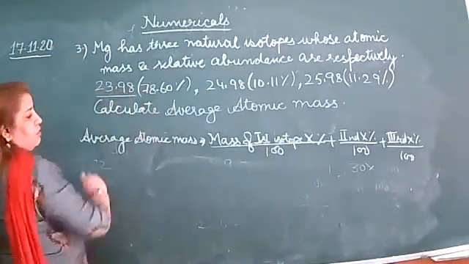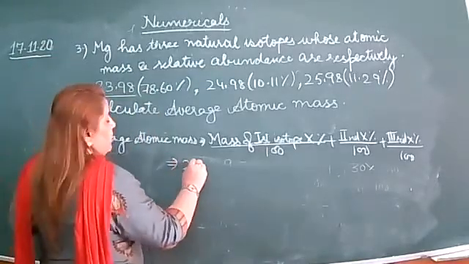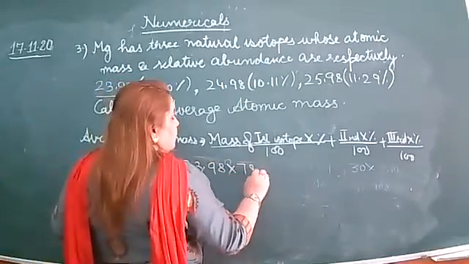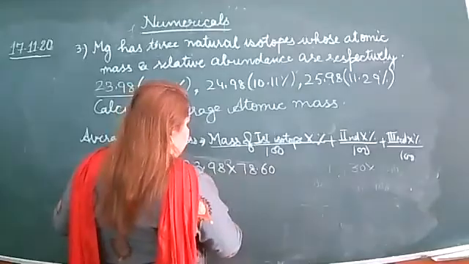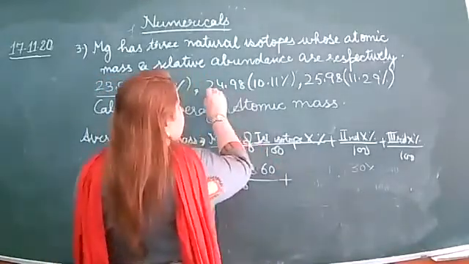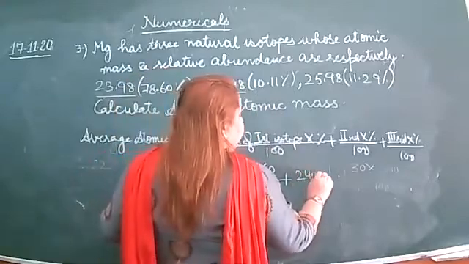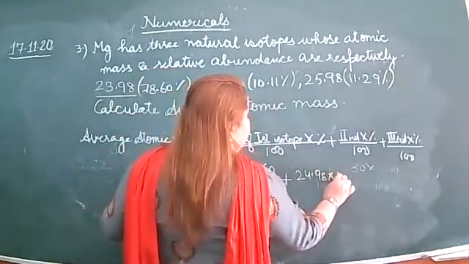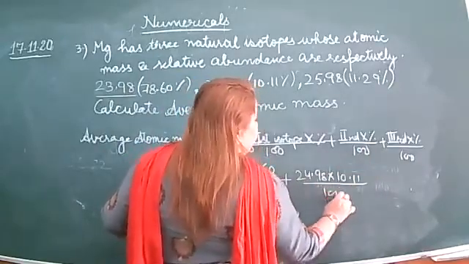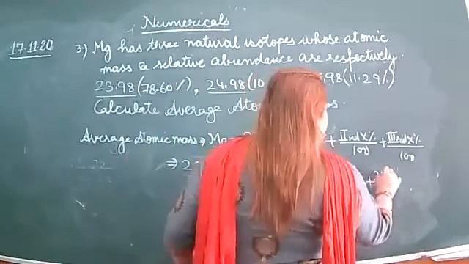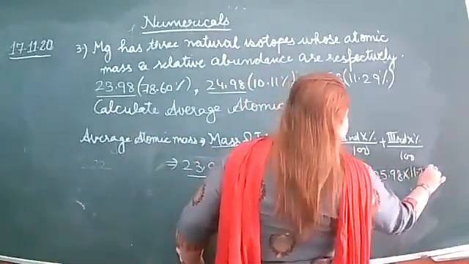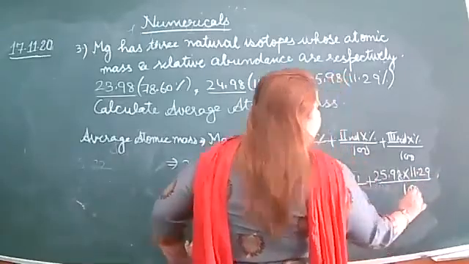Mass of the first isotope, that is 23.98 multiply with 78.60 divided by 100, right? Plus second mass 24.98 multiply 10.11 divided by 100 plus 25.98 multiply 11.29 divided by 100.